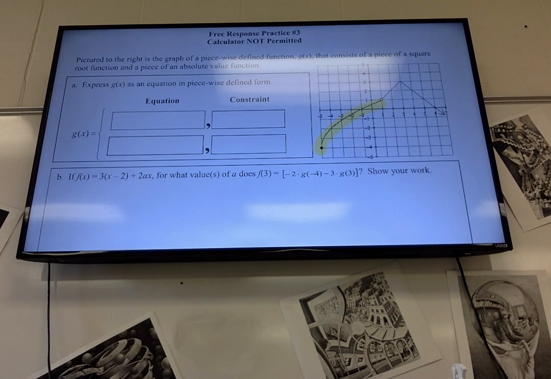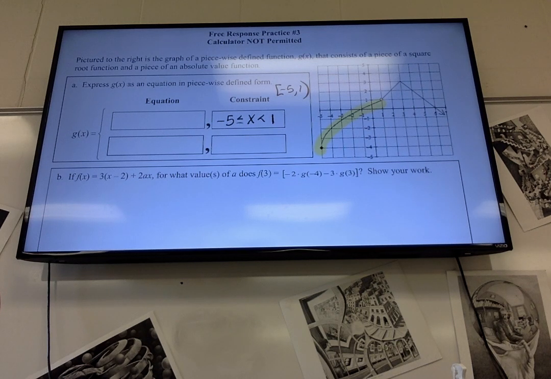No. So our constraint would be from -5, and it includes it, so it's -5 less than or equal to x, and then just less than 1. If you wrote that like we were writing the other stuff, that would not be wrong. That's fine too. Those two mean the exact same thing.